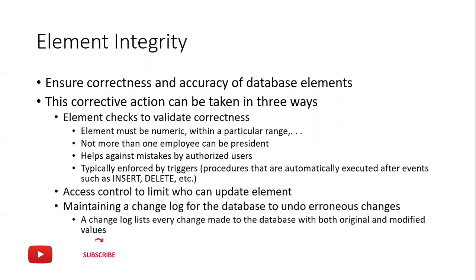Access control limits who can update an element as well. For security reasons, you can limit access to different columns. As in the last example I gave you, your GPA: who can control the updating of your GPA? You cannot update your GPA, or even I cannot update your GPA.